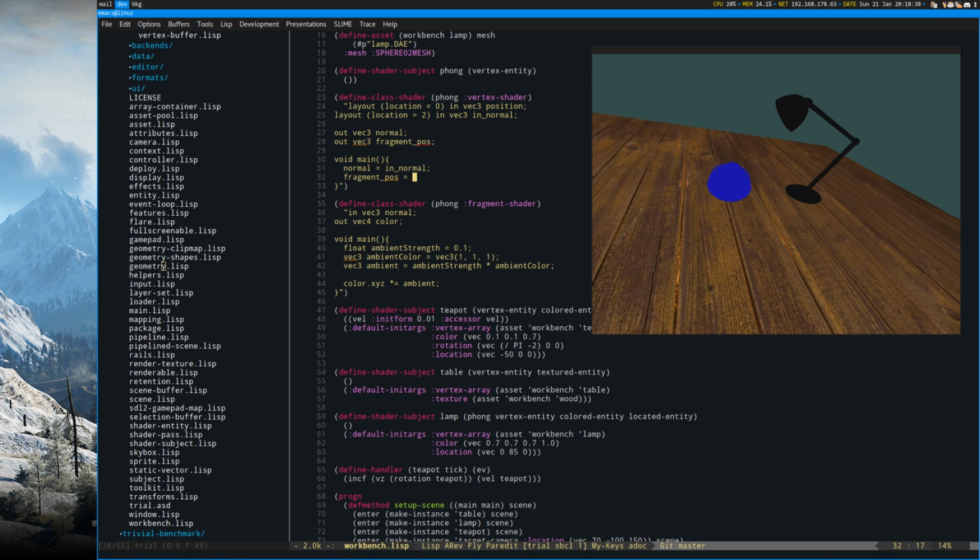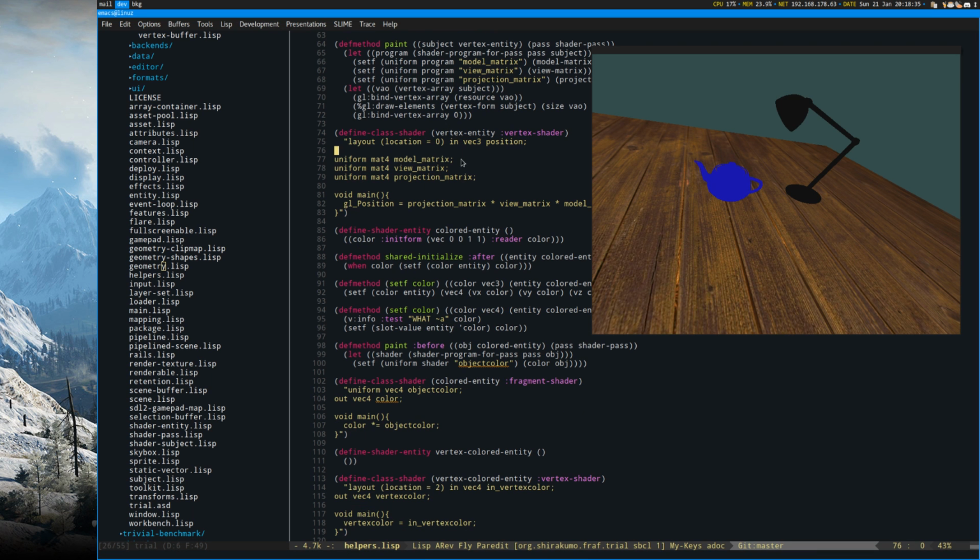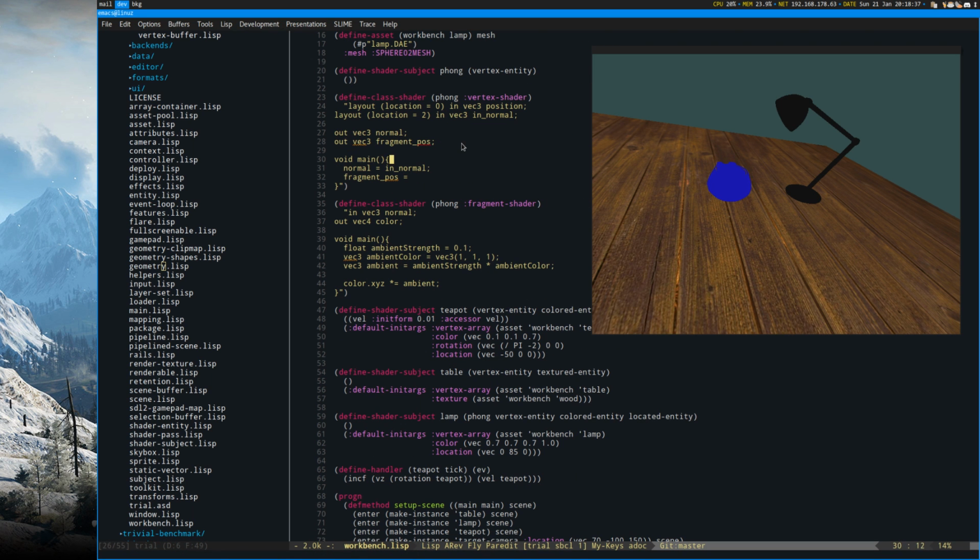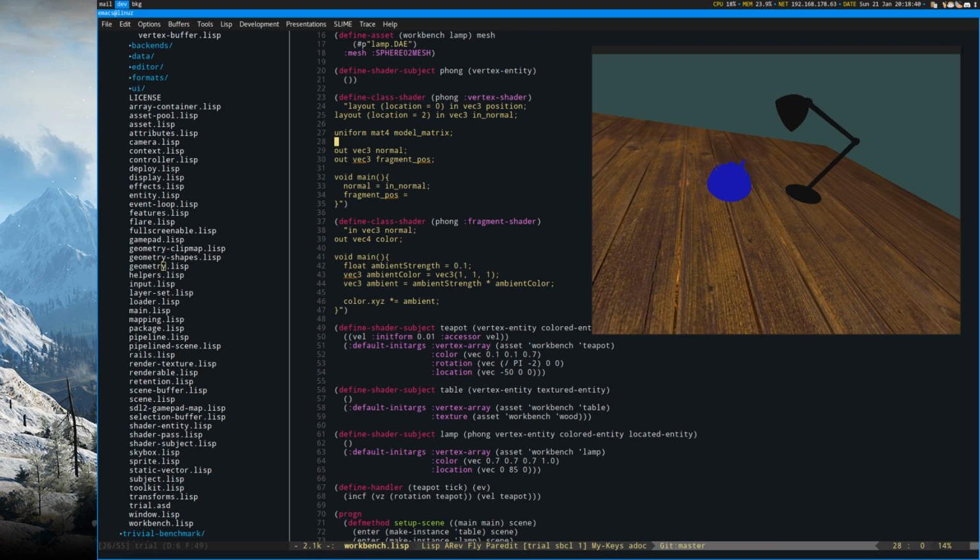And we need the model view matrix for that as well, which is defined as what? Model matrix. Okay. That's how it works, right?